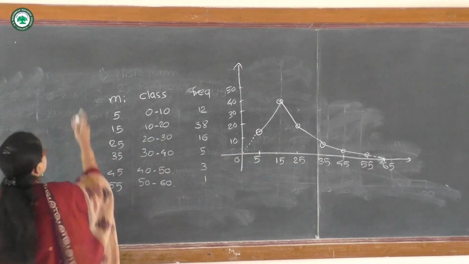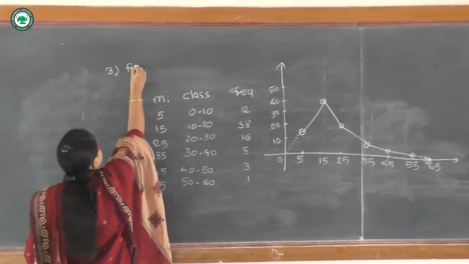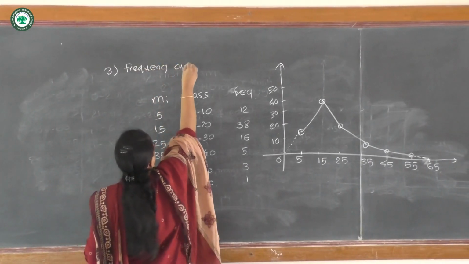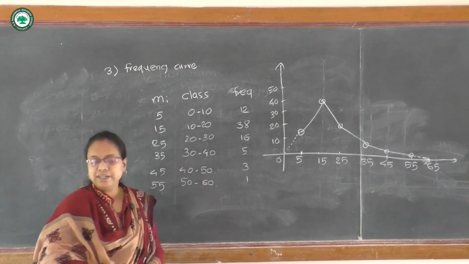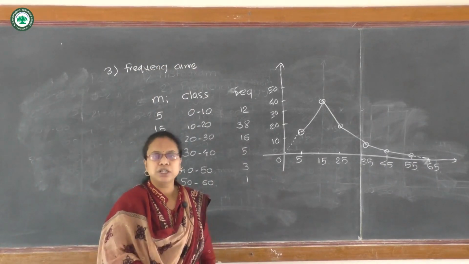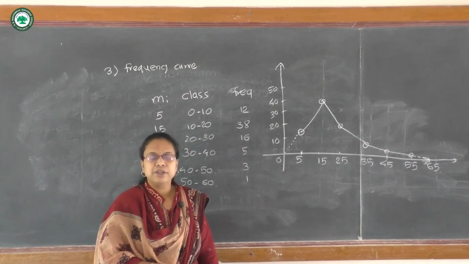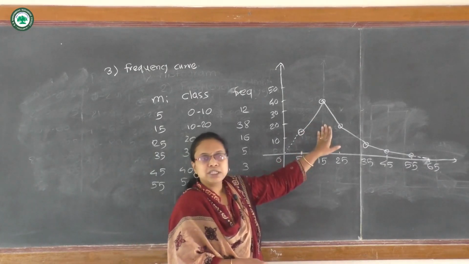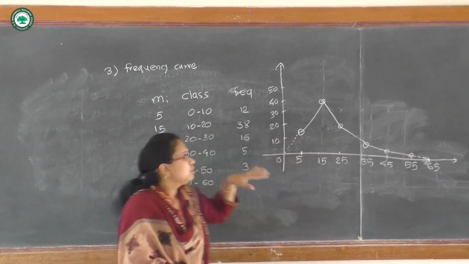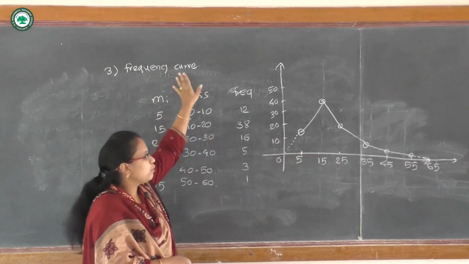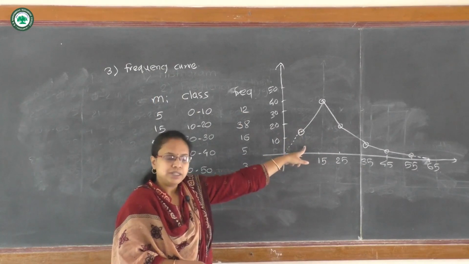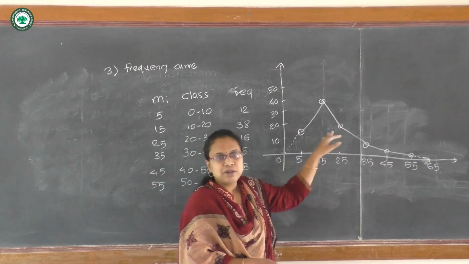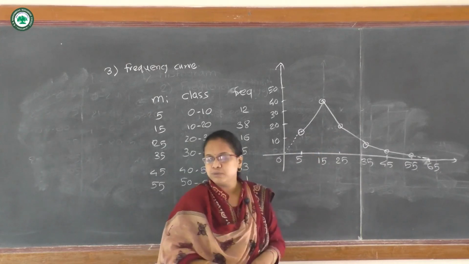The next, that is the third, is the frequency curve. There is a slight difference between a frequency polygon and a frequency curve. In a frequency polygon, we join these points with a straight line. But in drawing the frequency curve, the procedure is the same, only we join these points with a smooth hand, that is, with a smooth curve.